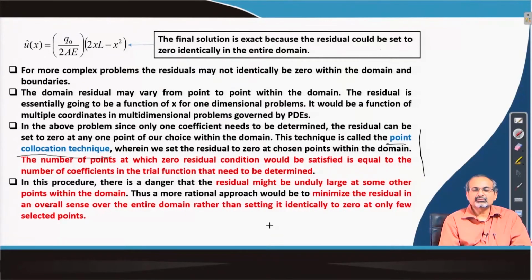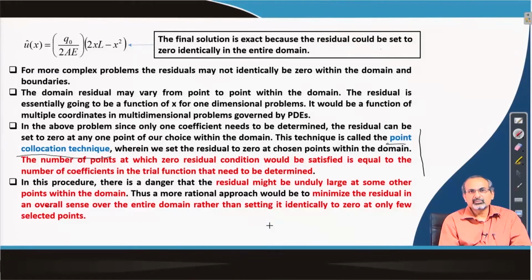However, here we were fortunate enough that as we did that, we could also set it to 0 all over the domain. But as we mentioned about more complex problems, if we try to apply this principle, we may be able to set the residual to 0 only at a fixed number of points based on the number of unknowns that we have in the trial function.